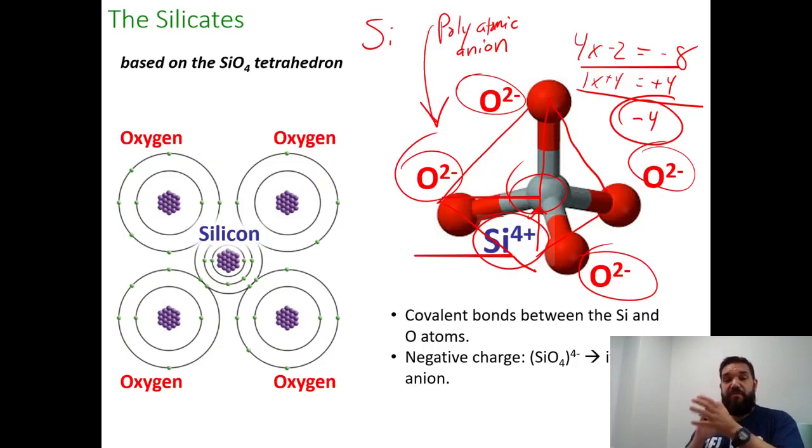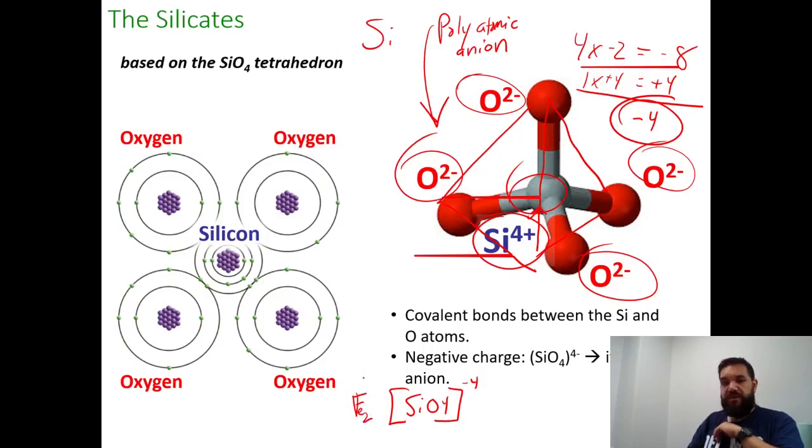Now, these are going to bond with different cations to achieve electrical neutrality. So for example, SiO4, the silicate tetrahedron, has a negative 4 net charge. And it can bond with 2 irons, for example.